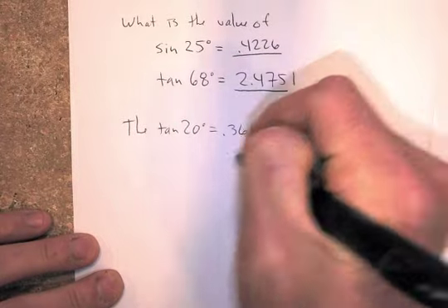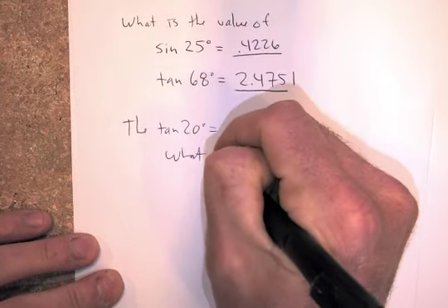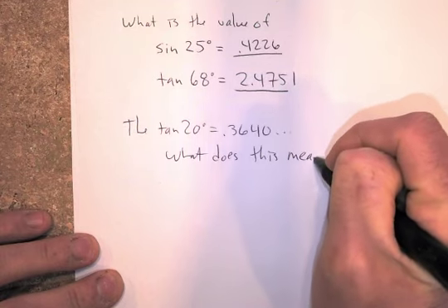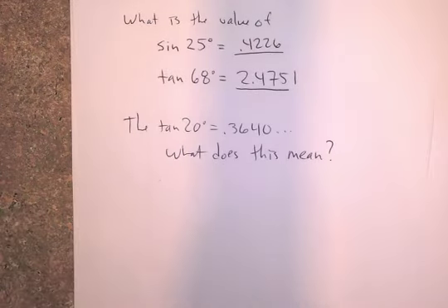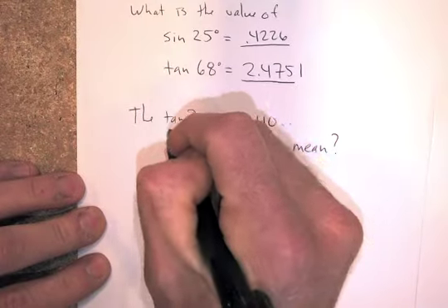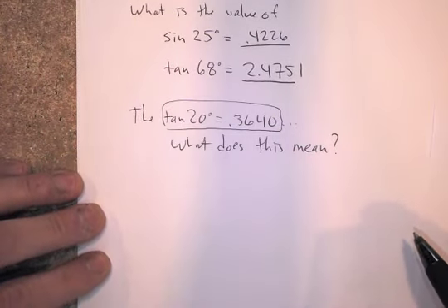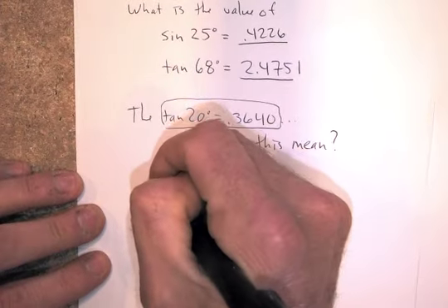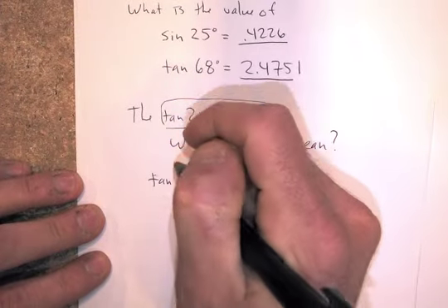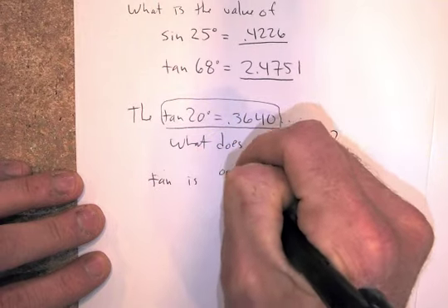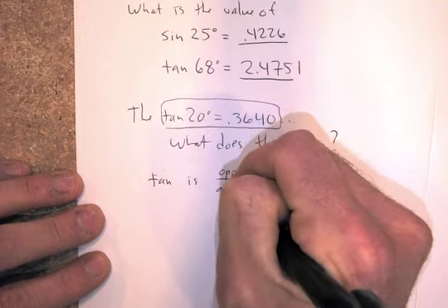And then it'll say something like, what does this mean? Okay, what does that mean, this right here? All right, so what you got to think about, go back to your definition of tan. Tan is opposite over adjacent.